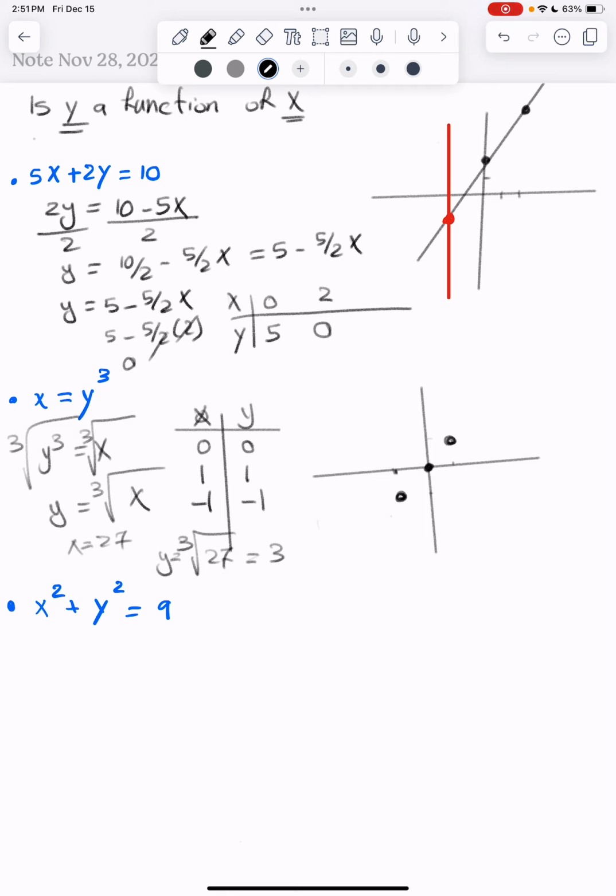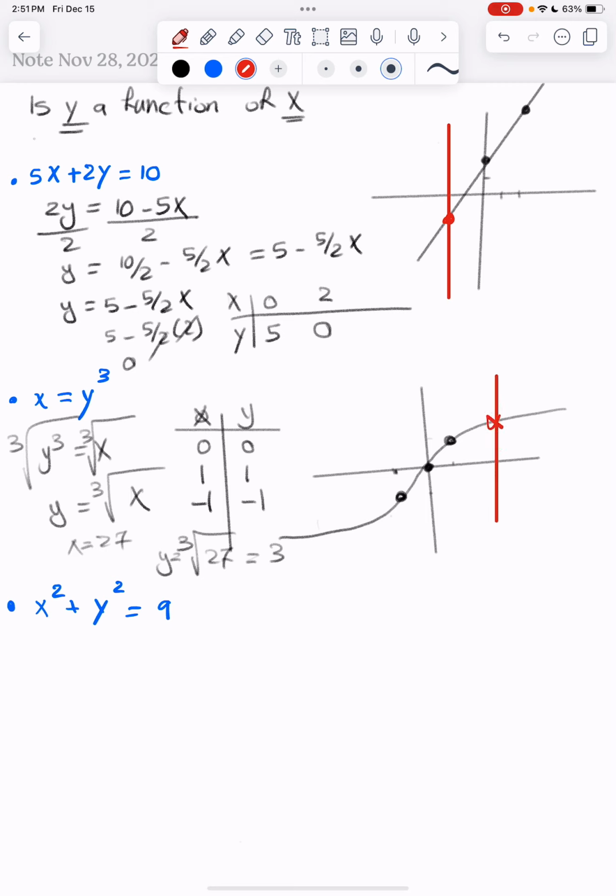So that tells me that this function will look like that, right? x is getting bigger, but y is getting bigger at a much slower rate. But again, this is a function because anywhere that I put the vertical line, it will only cross it in one point. Now let's go to the last example.